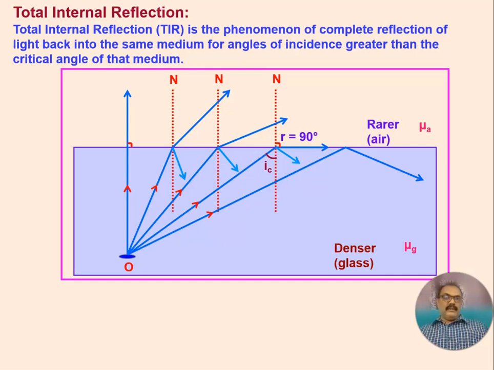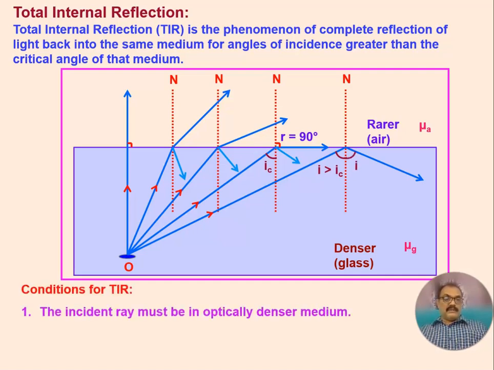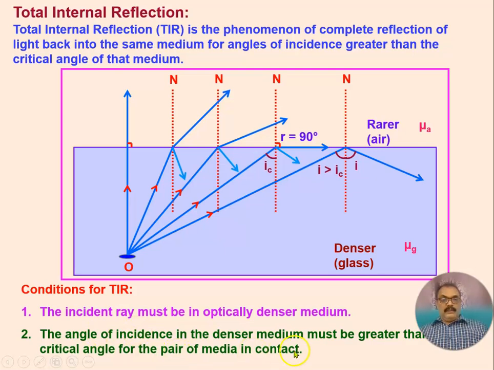This was missing in the previous video. So now critical angle and a lot of applications. Two conditions as I told you. One is the incident ray must come from the optical denser medium, and the angle of incidence must be greater than the critical angle.